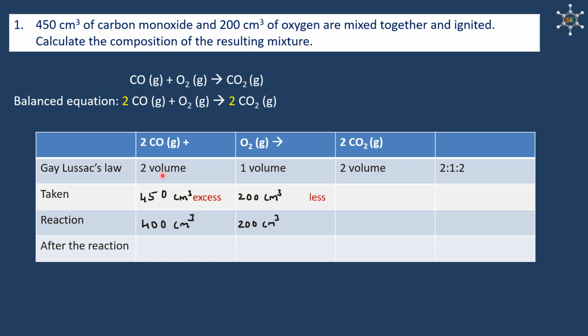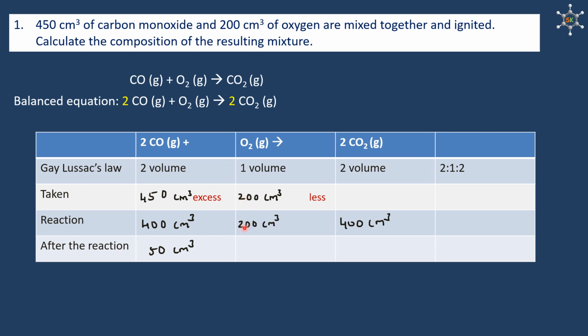2 volumes of carbon monoxide give 2 volumes of carbon dioxide. So 400 cm cube of carbon monoxide should give 400 cm cube of carbon dioxide after the reaction. Once the reaction is finished, we will have 450 minus 400, that is 50 cm cube of carbon monoxide unreacted.